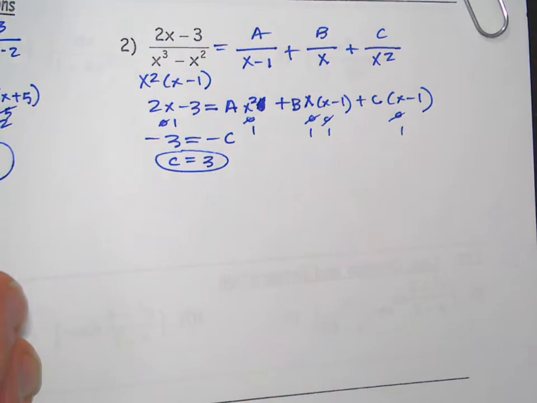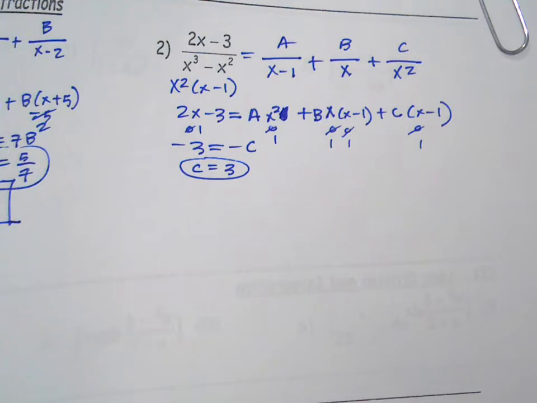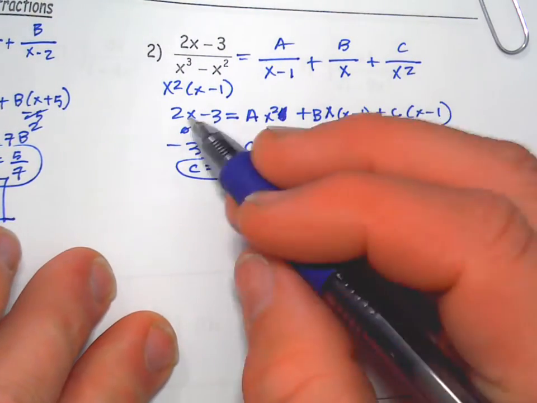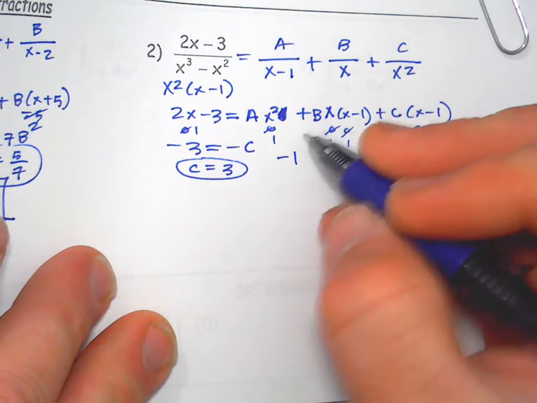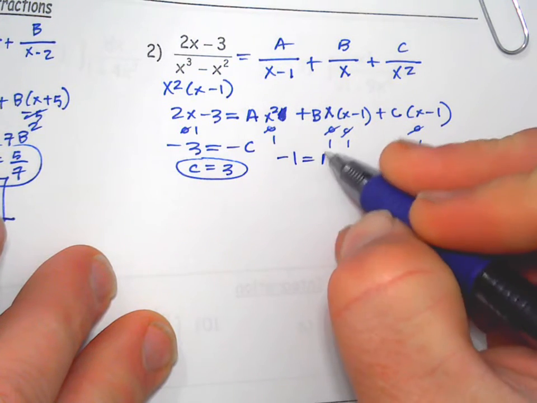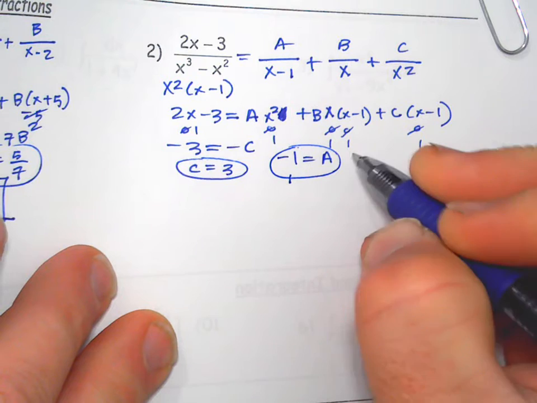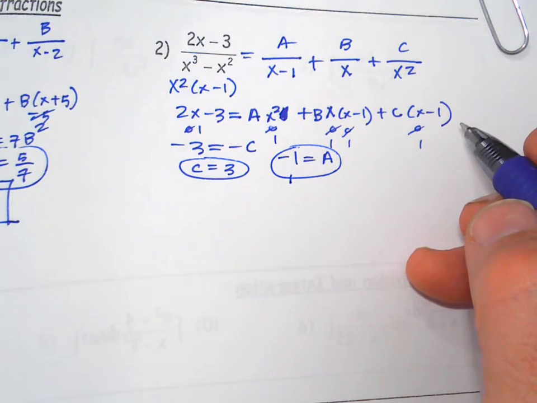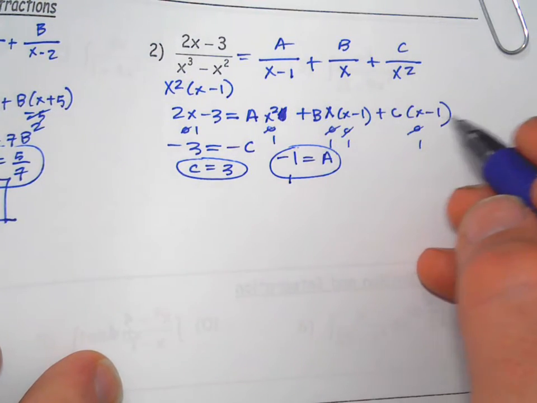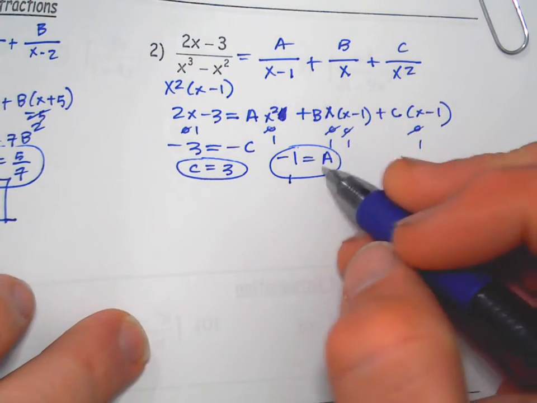And so we plug 1 everywhere, we get -1 equals, those drop out, and we get A, so there you go, there's A. And then to get B, unfortunately, if you plug in 0, we're going to have to use both of these.